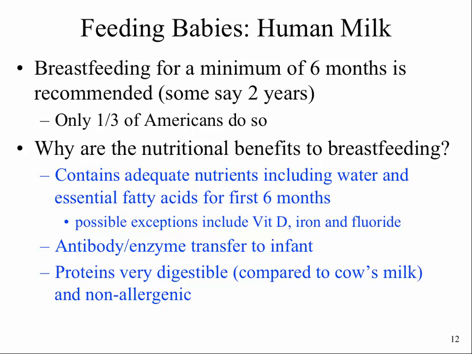But the one thing we know about the protein in mother's milk, human breast milk, versus cow's milk is that it is very different. Breast milk is much more digestible than cow's milk in terms of protein, and this can affect a lot of things. Your gut bacteria can influence your GI tract health, a lot of things. This is why we generally avoid feeding cow's milk to infants, okay?